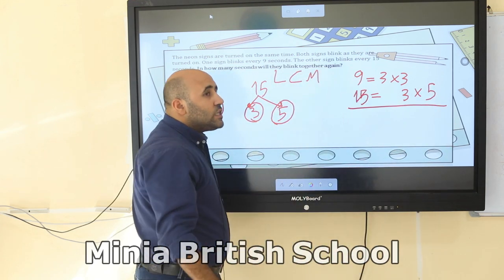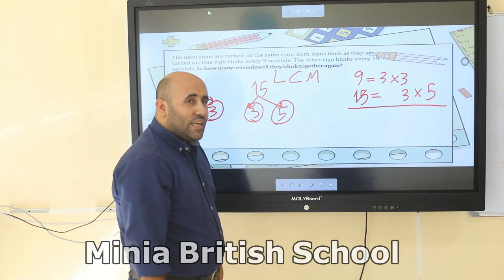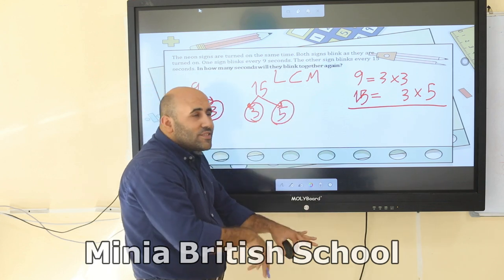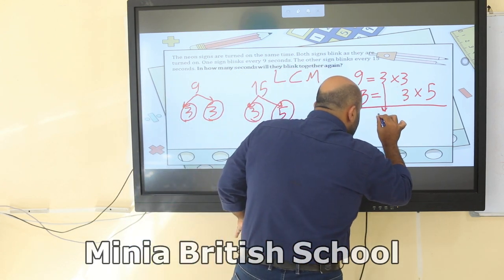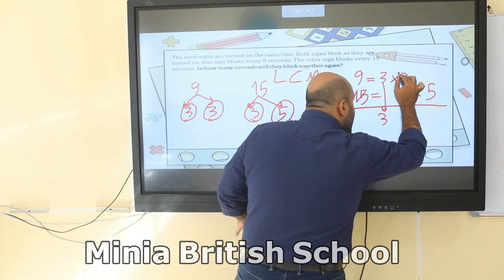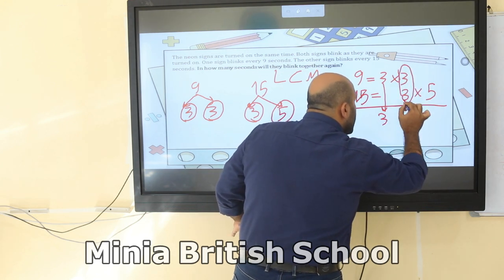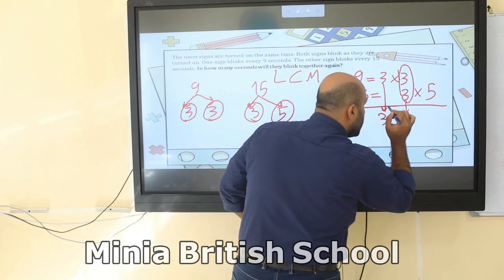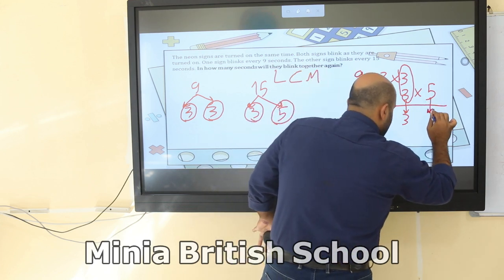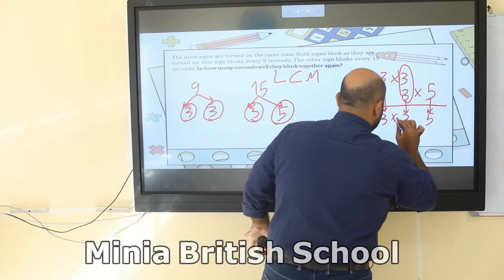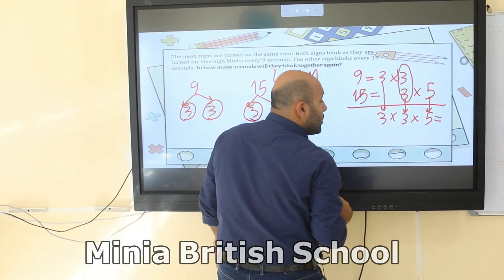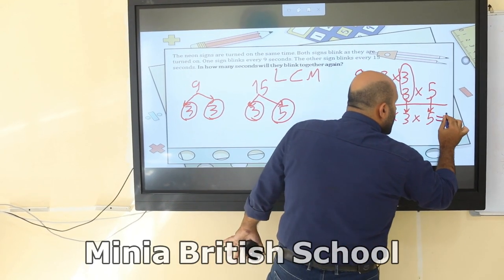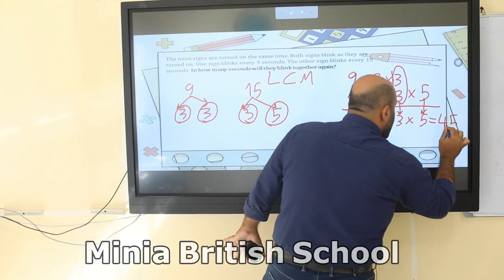And as we all know in the LCM, drop all the numbers, then multiply. So 3, I will drop it. I have 3 as a common factor. Those, I will choose one of them, 3, and drop the 5. 3 times 3 times 5. 3 times 3 equal 9. 9 times 5 equal 45.